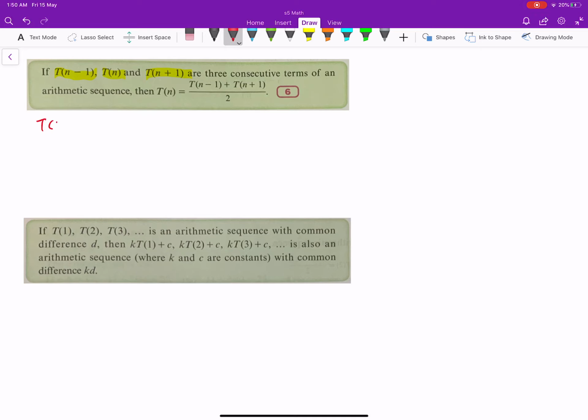Okay, because you get Tn plus 1 minus the previous term, then what is this? Will be d, right? And then you also have Tn minus the previous term, which is Tn minus 1, and this is also d. Then these 2 are both equal to d, so they are equal, right?